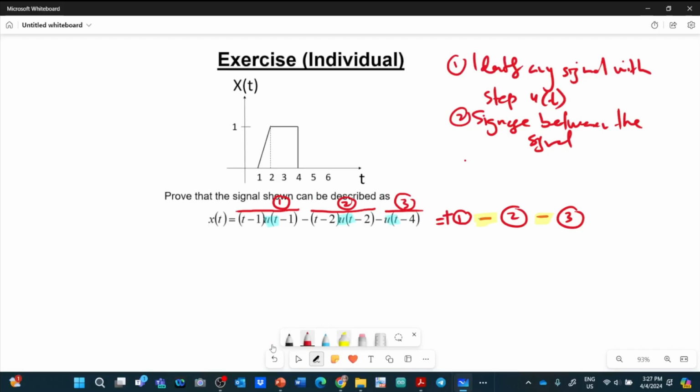Alright. So, then that is the second step. Third step, draw signal 1, 2, and 3 separately. Okay, separately. Alright.